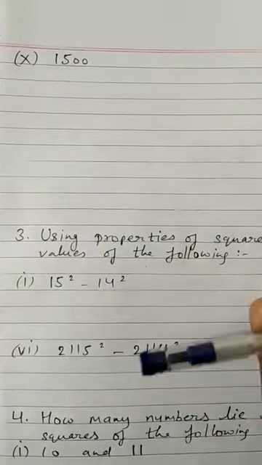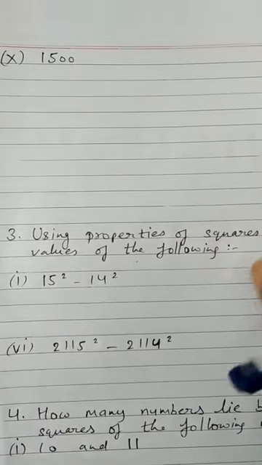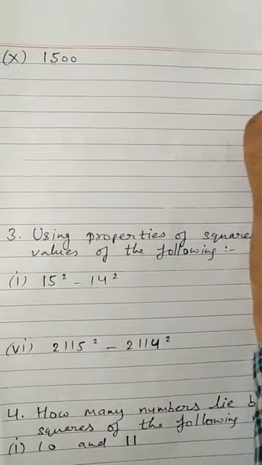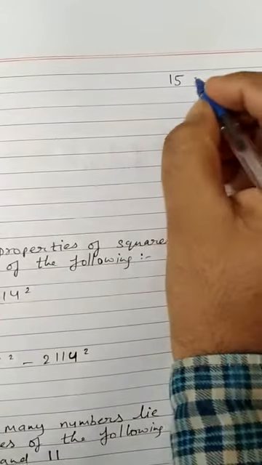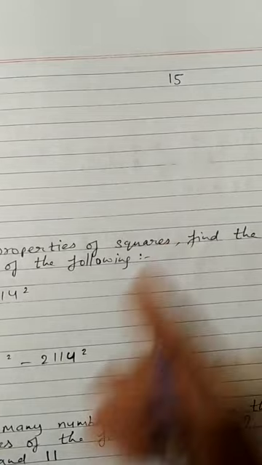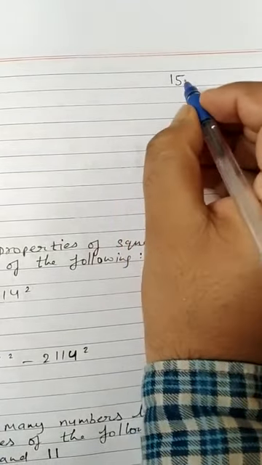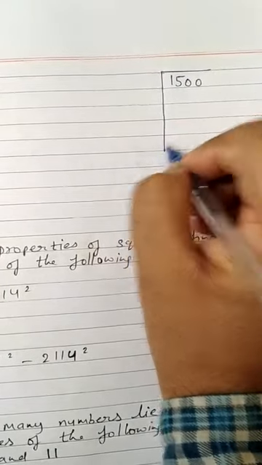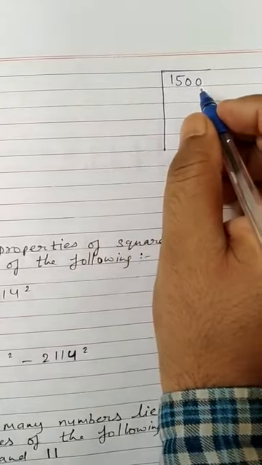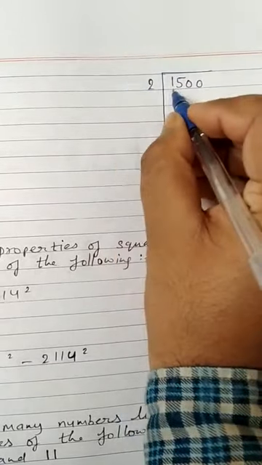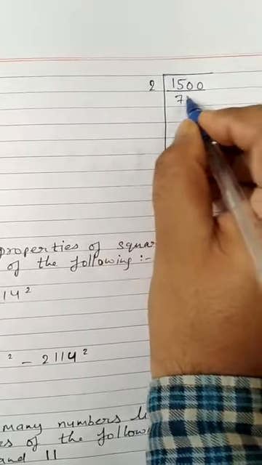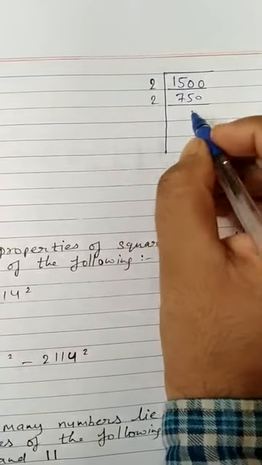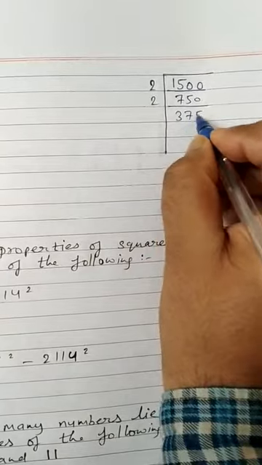Next I am taking the 10th part, 1500. This is an even number, so we will divide it by 2. Half of 1500 is 750 and half of 750 is 375.